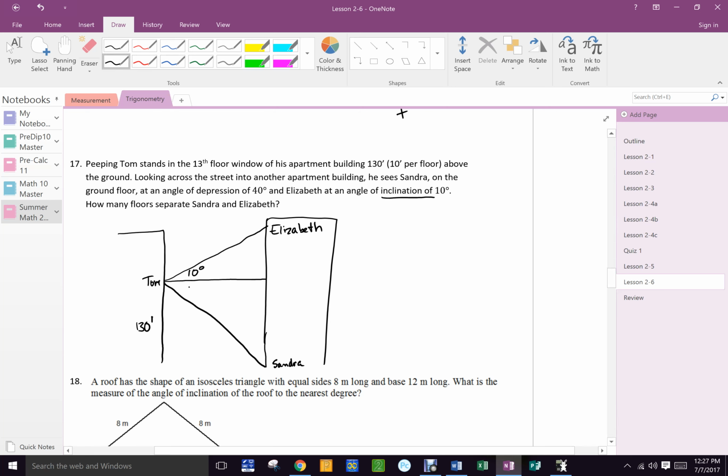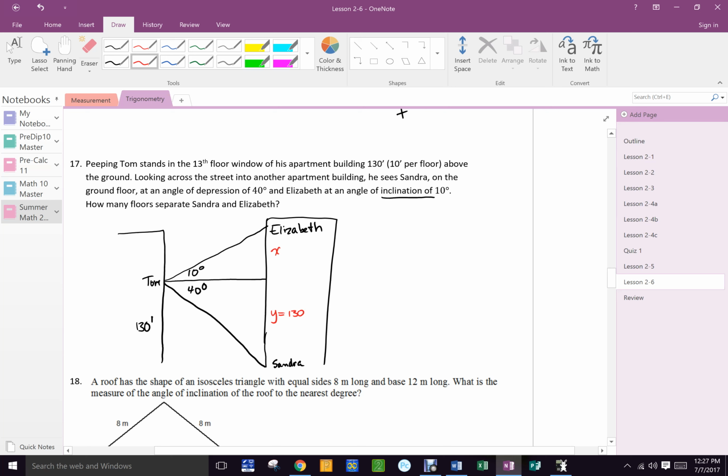So this is 40. I want to know how many floors separate Sandra and Elizabeth. So I need to know this distance, yes? There's X, there's Y, and I got to add them, don't I? Once I have it drawn, you should be able to do it, right? If this is 130, what's this? 130.